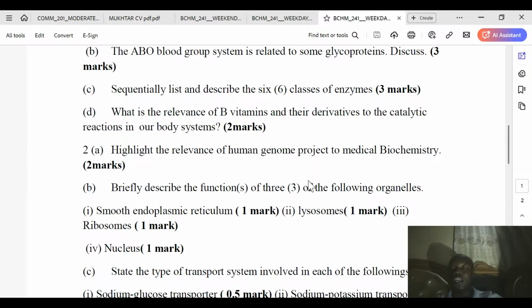The vitamins that I mentioned are examples of coenzymes. In essence, coenzymes are molecules needed to activate the enzymes to work. So the coenzymes are needed to activate the enzymes for them to work.